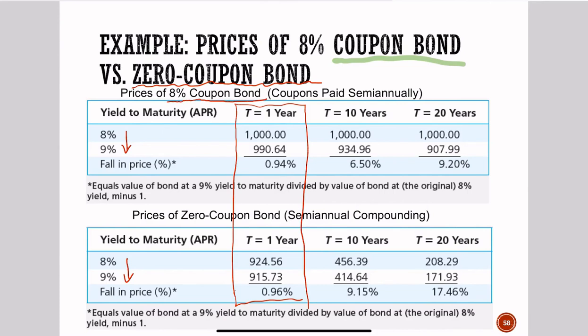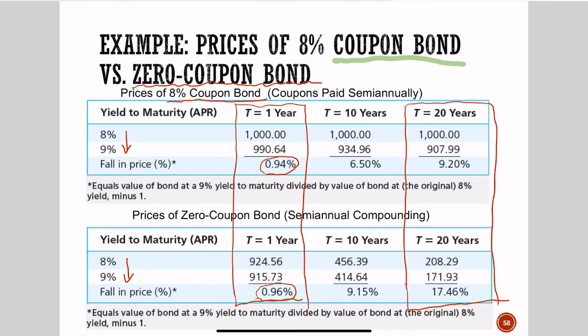Here, the bond price falls by 0.94%, and the bond price for the zero coupon bond falls by 0.96%. So this basically means as yield increases, zero coupon bond price falls by a larger percentage. This will be even more obvious in the case of 20-year maturity.